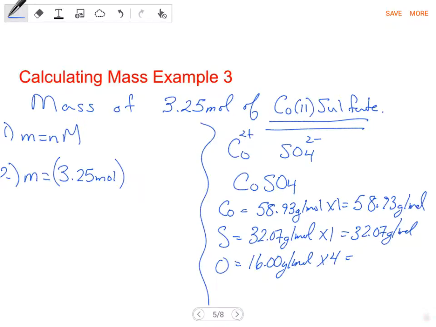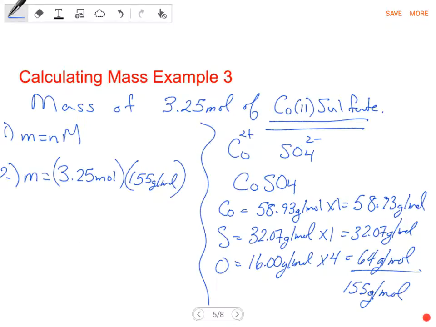Now, I hope you're getting the hang of this. It's somewhat repetitive, and I hope that it's becoming easier for you. I'll just total this up really quickly here. Plus 32.07 plus 58.93. That gives you 155 grams per mole. We'll input that value into our formula. 155 grams per mole.